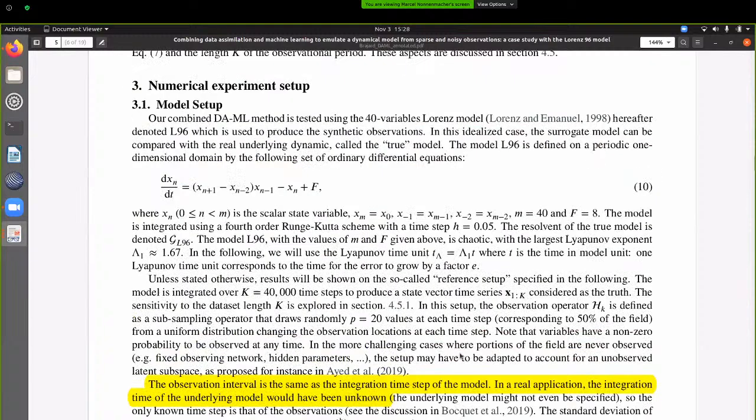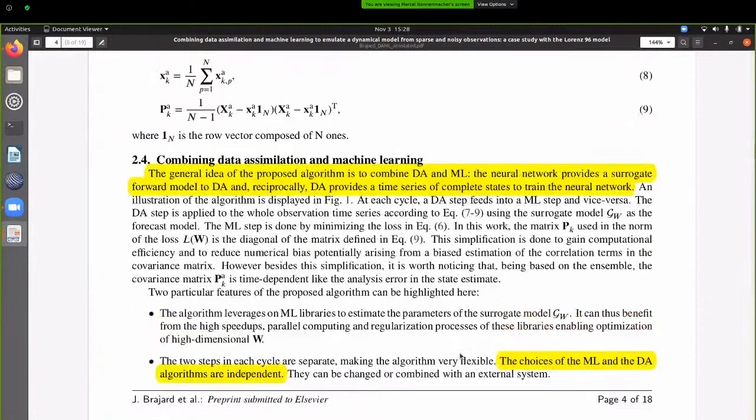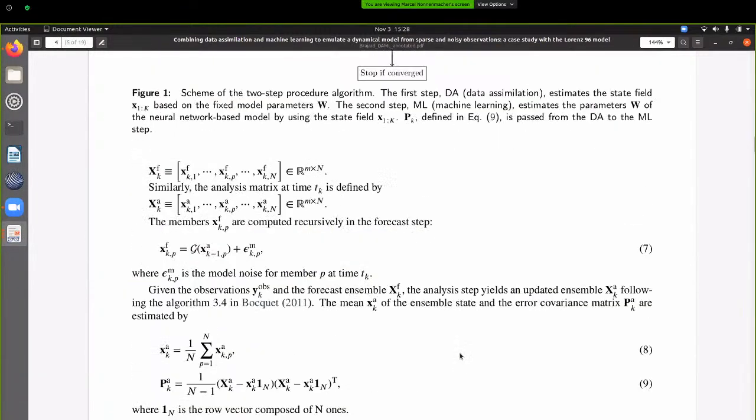One of the downsides of this approach, where you go from k minus 1 to k, so one step, is that the step length has to be fixed. In the next paper, we're going to look at a modification where you directly learn the differential equation, not the whole state update function, where you're a bit more flexible.